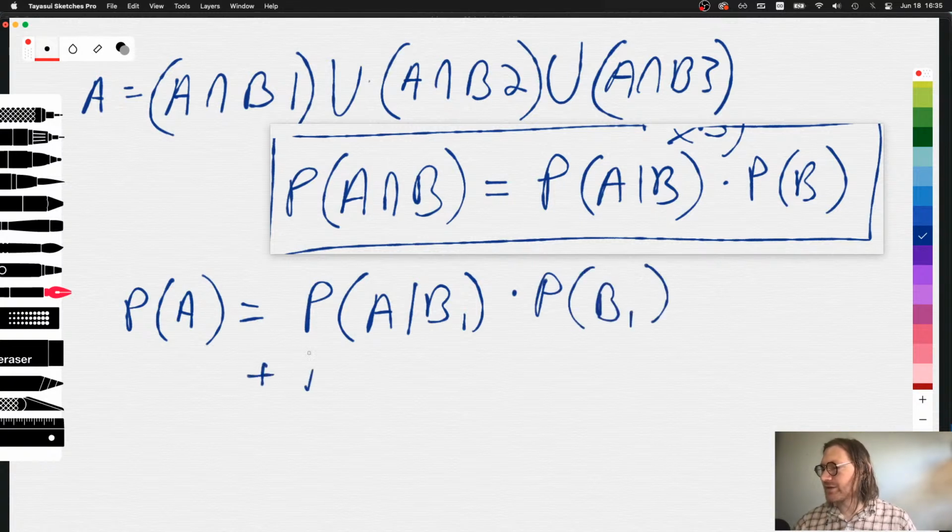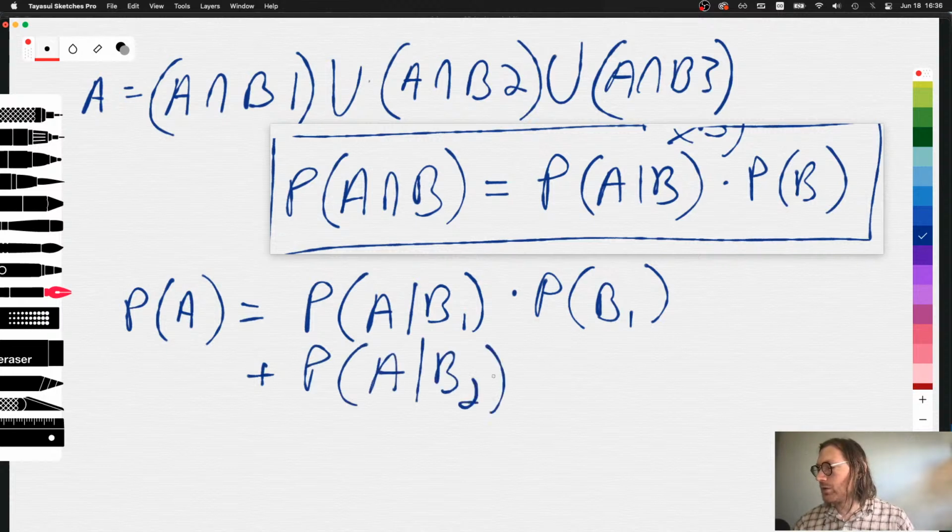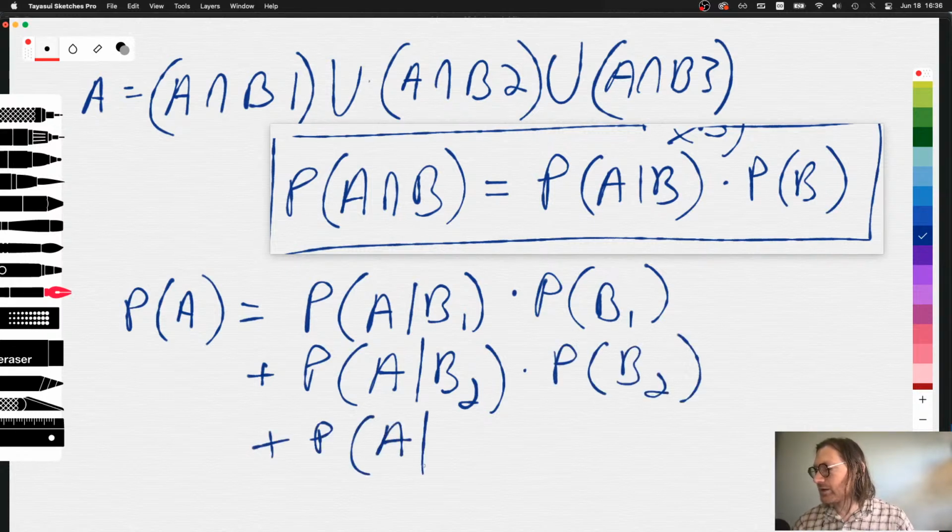We add to that the probability of A given B2 multiplied by the probability of B2. Add to that the probability of A given B3 multiplied by the probability of B3.